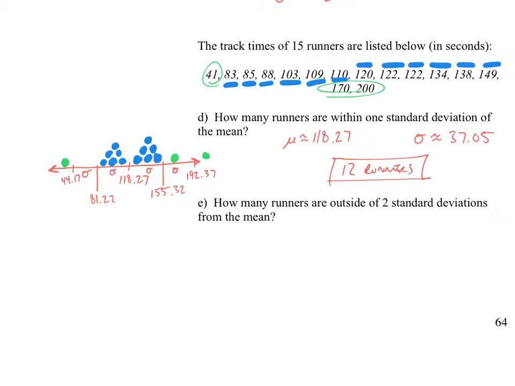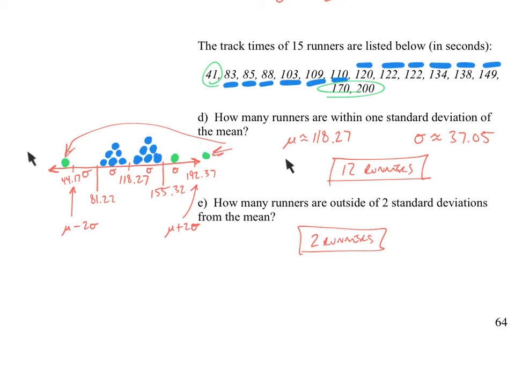So how many runners are outside of 2 standard deviations from the mean? Well, there are just 2 runners. It's just this guy and this guy, because this number represents the mean minus 2 standard deviations, and this number here represents the mean plus 2 standard deviations, and both of these are outside of those ranges.